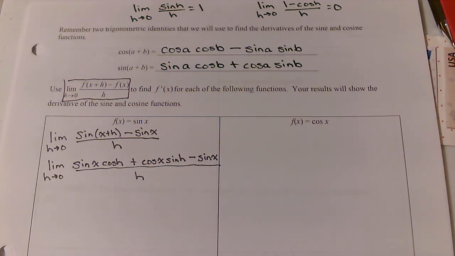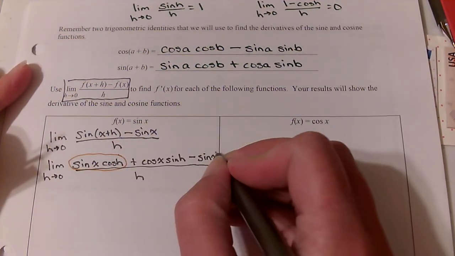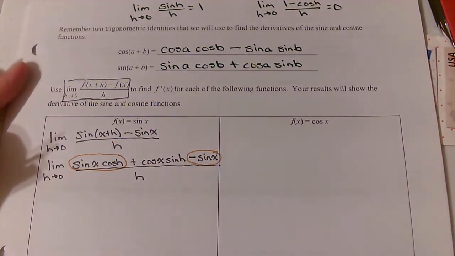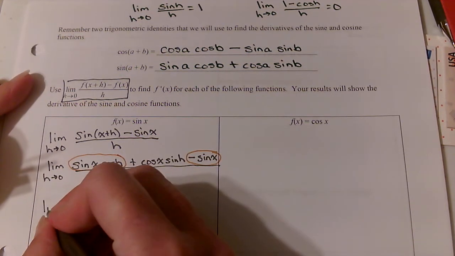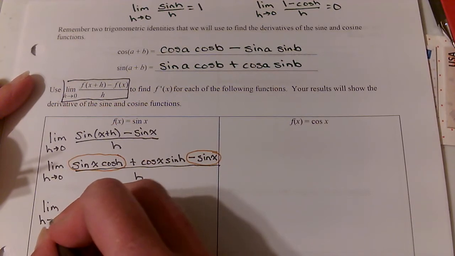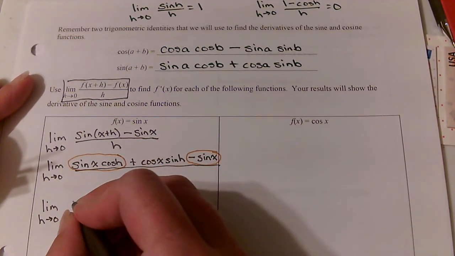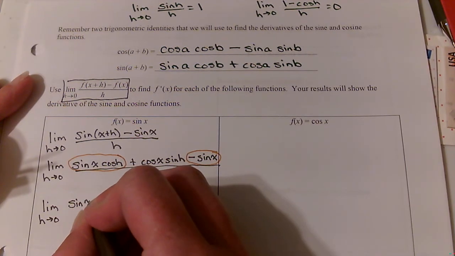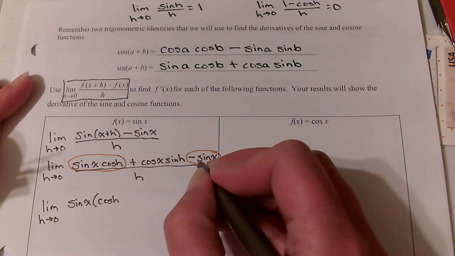Now notice that these two terms, here and here, both have a sine, right? So if I separate those out, I'll have the limit as h approaches 0 of, if I factor a sine x out of those, sine x and then cosine h minus 1.